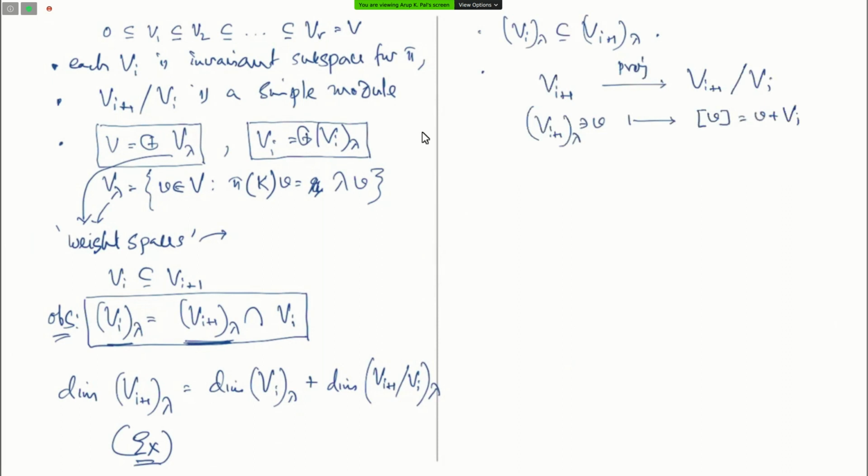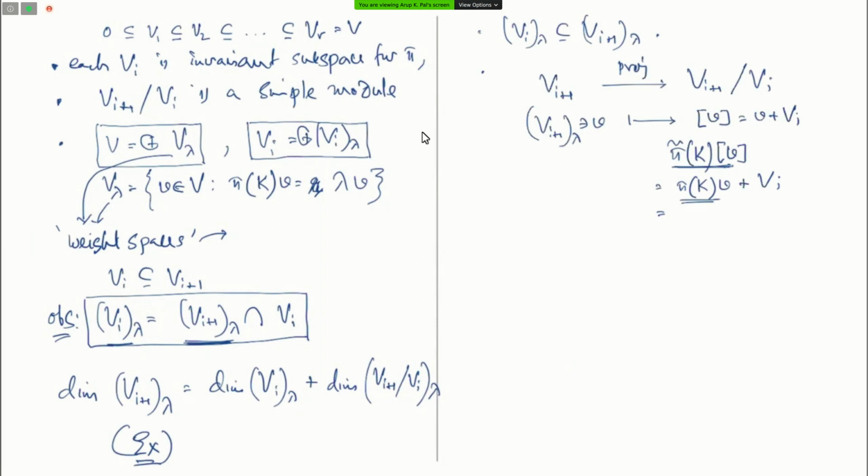What I'm trying to say is, this pi k v, obtained from the representation pi, is pi k v plus Vi. Now pi k v is lambda v. This is the v you have taken.